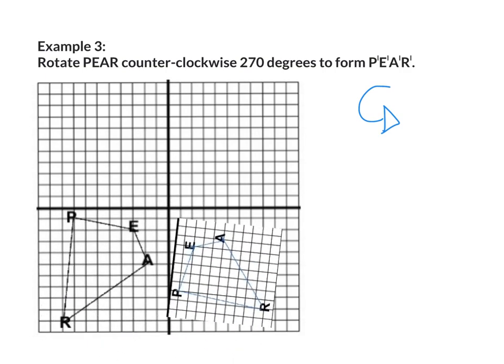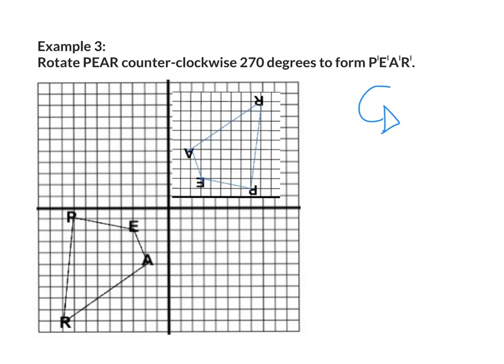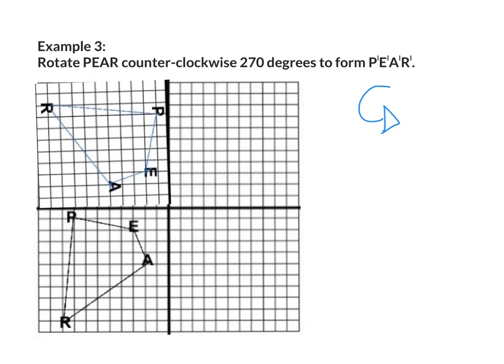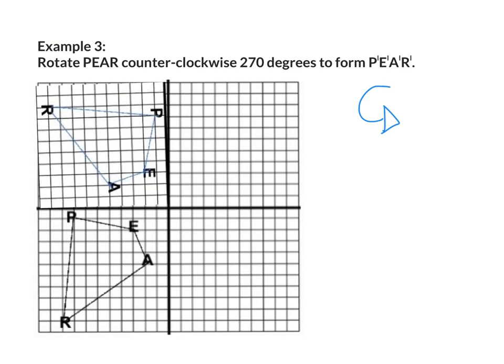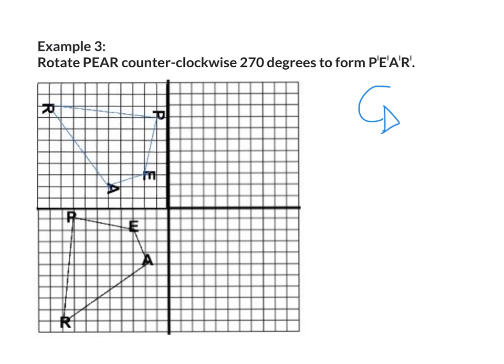This is 1 turn, 2 turns, 3 turns. And again, since this is my answer, I'm going to shade it in. And that is the new image.